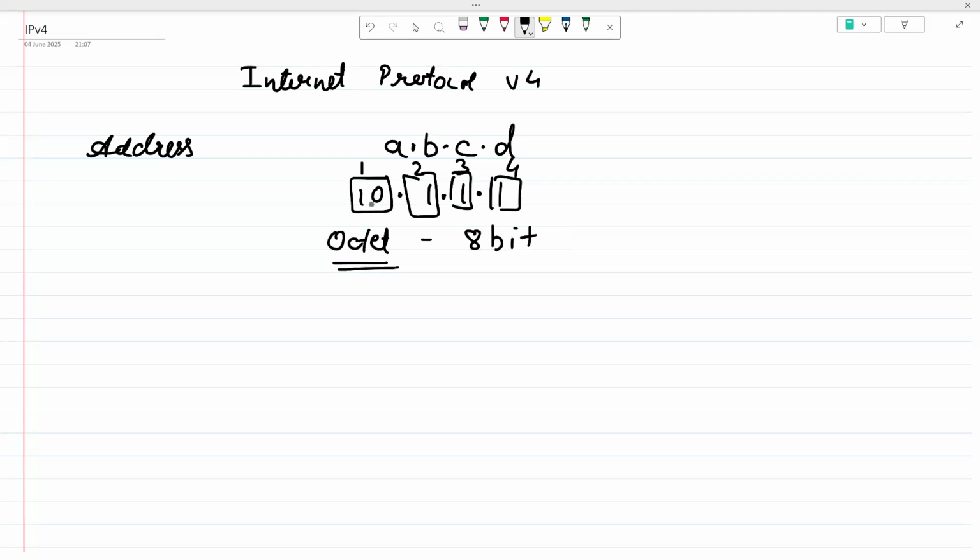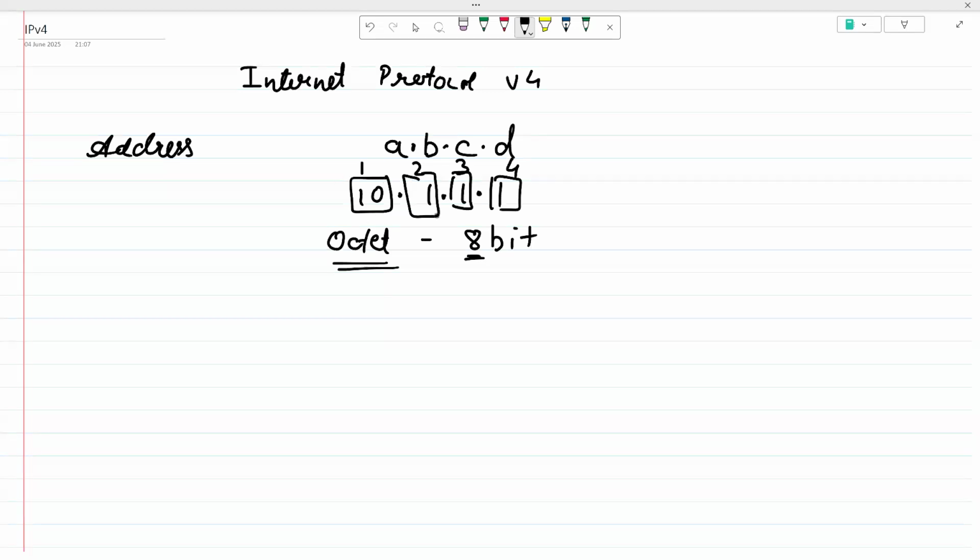When you convert 10 into an 8-bit binary format, you will get some value. If you convert 1 into 8-bit binary format, you will get some value. Similarly for the other octets. 8 in Roman form is octa, and that is why it's called an octet.